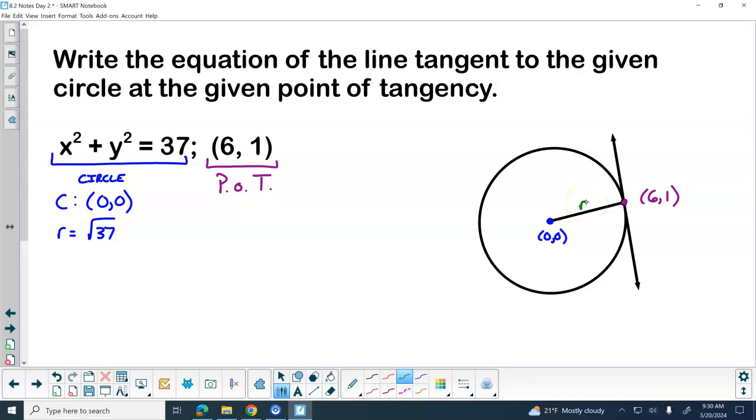That's my radius. Here's my tangent line that I need to find the equation of. Thinking back to this year, you've done this in the past also. What do I need in order to find the equation of a line?